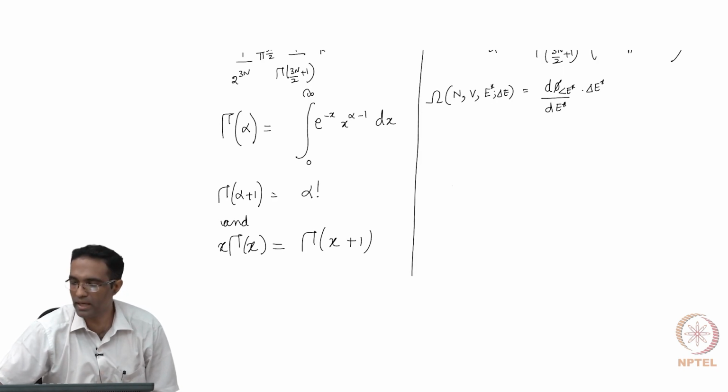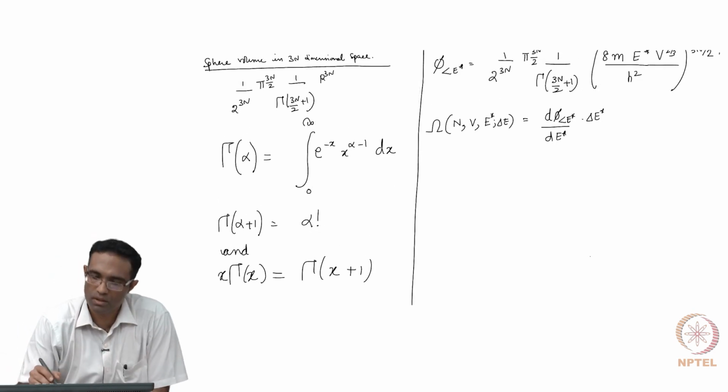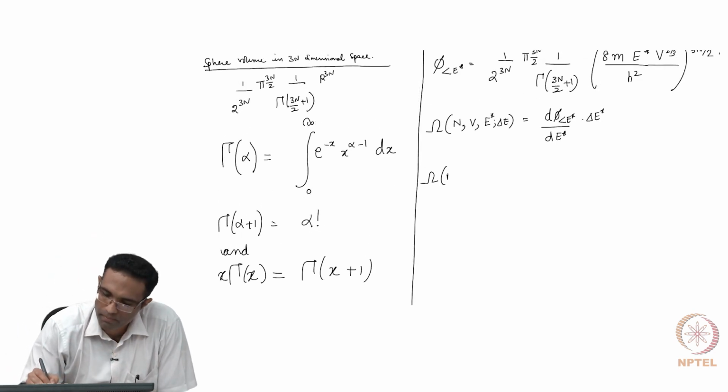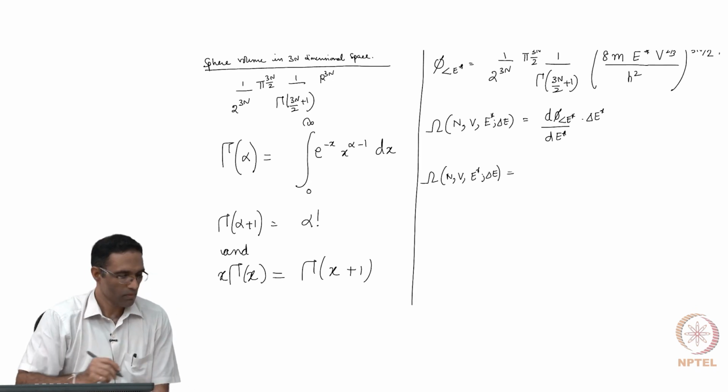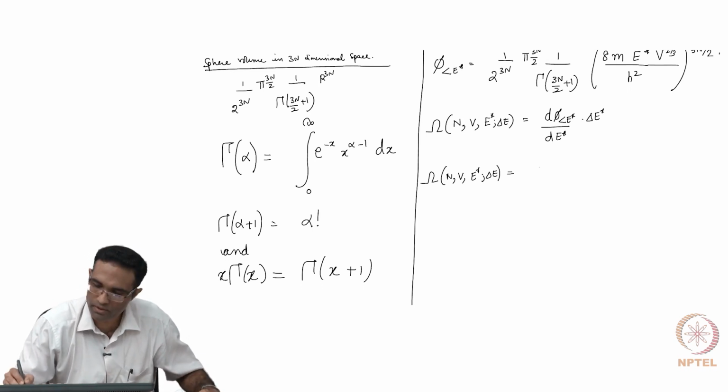N particles, 3N degrees of freedom. So this quantity turns out to be something like this.